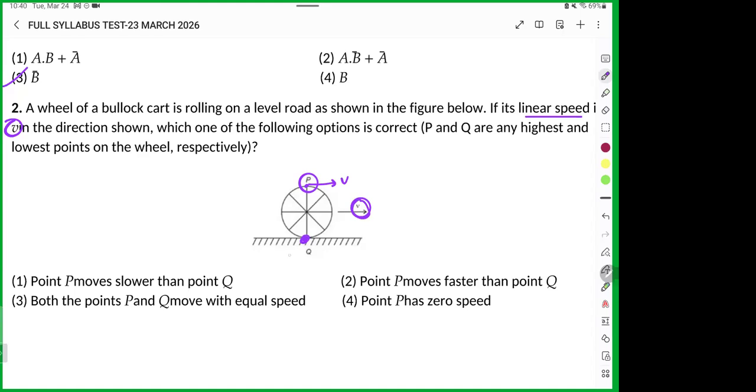But at Q, it will look like 0. If you look at a car, you will realize the upper part looks very fast moving, but the lower part at that moment looks like it is constant. Sidewise you can feel it more. So at Q, your velocity will be 0. At P, velocity will be double.